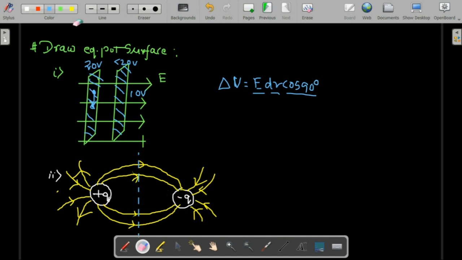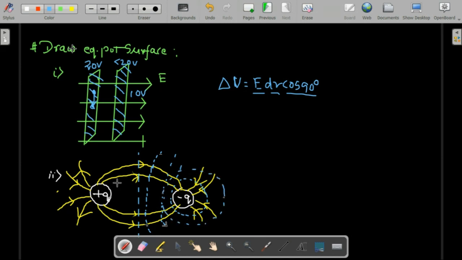On the other hand, if I talk about this particular point, there is a curvature coming. So it will be 90 degrees here. For this it might be slightly here, here, and here. So it's not going to be a straight line anymore. It will be something like this. And as we come closer to the charge, it will form a concentric rings kind of structure.